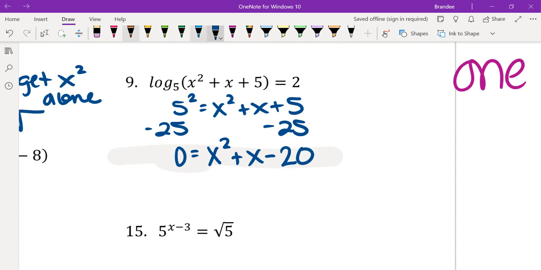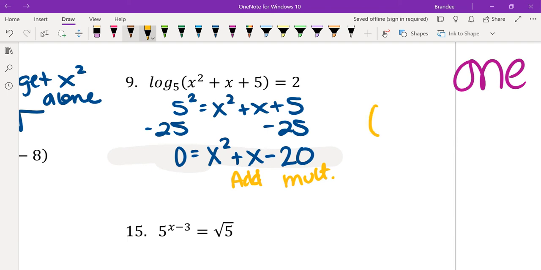So here, you guys, just to review factoring, you're going to go into the 2 sets of parentheses, but you're looking for what multiplies to the negative 20 and adds to 1. And then once you have it in your parentheses, you need to solve for x.